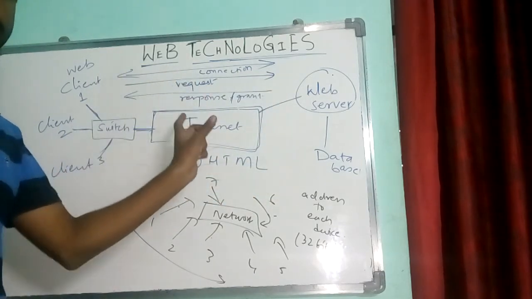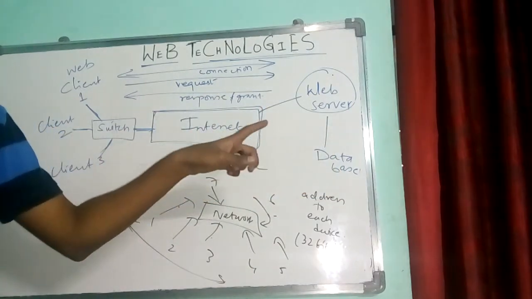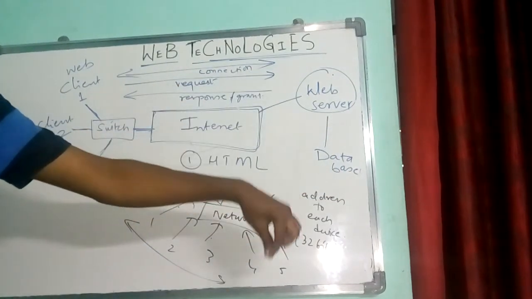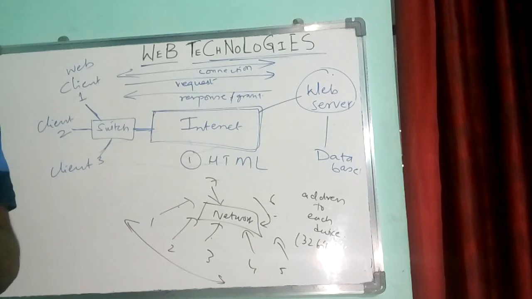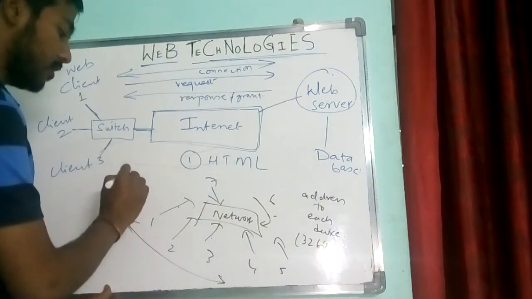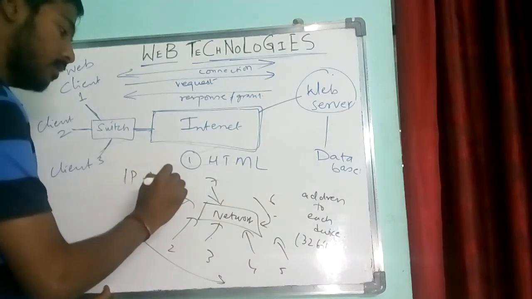So in order to recognize which device wants to access the information or the computer network, we need this IP address.